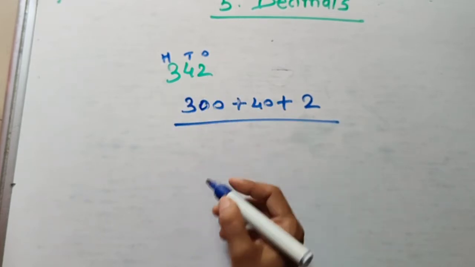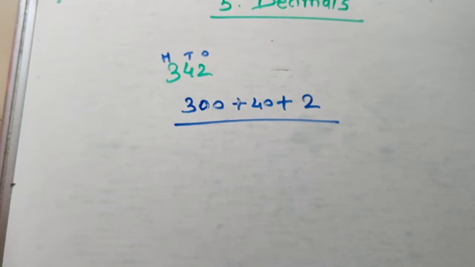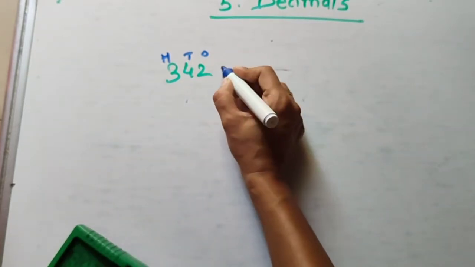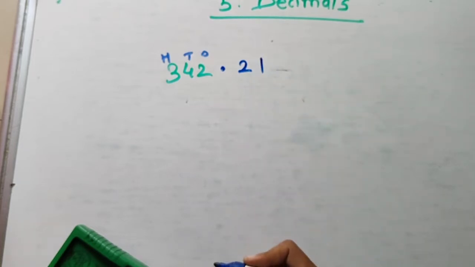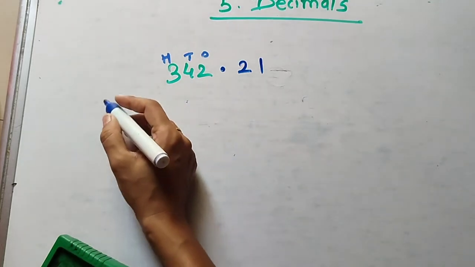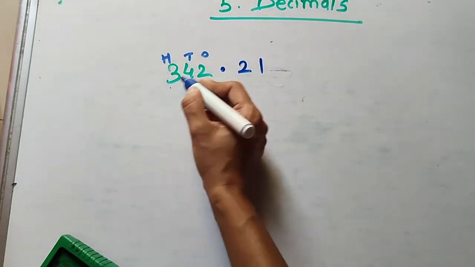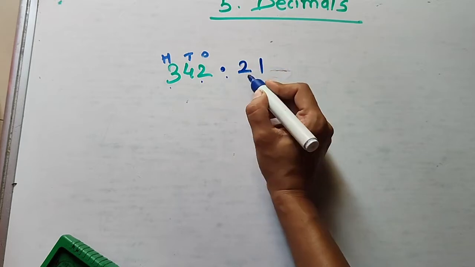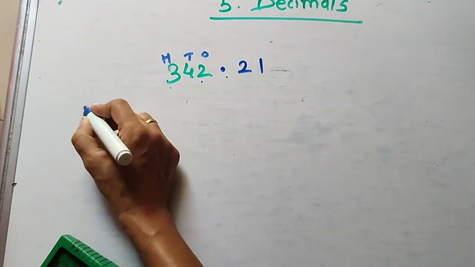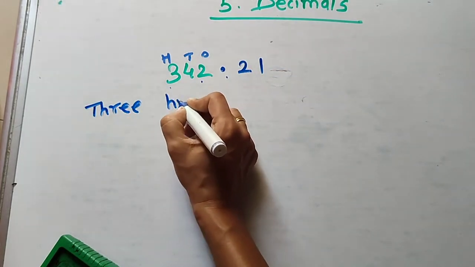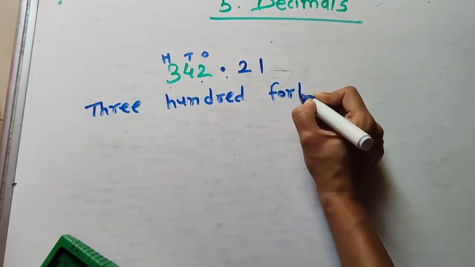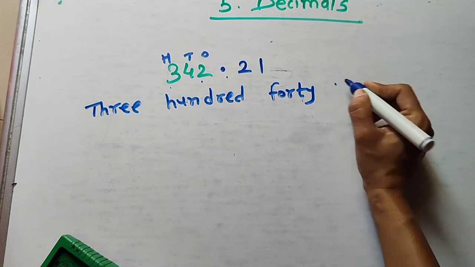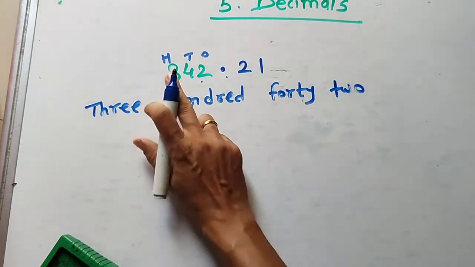But when we use a decimal point, suppose we write the number 342.21. Okay, so how to read the number? You have to read 342 as it is, the way you already know how to write.